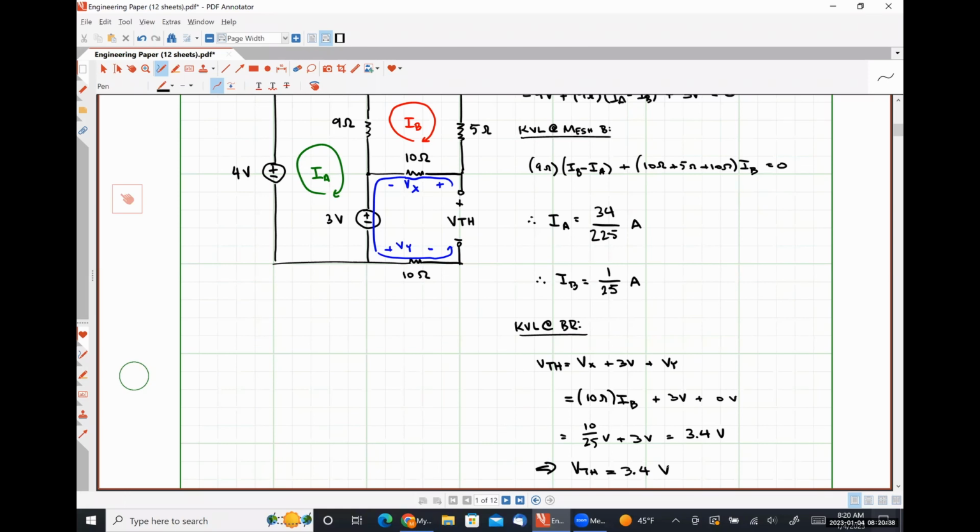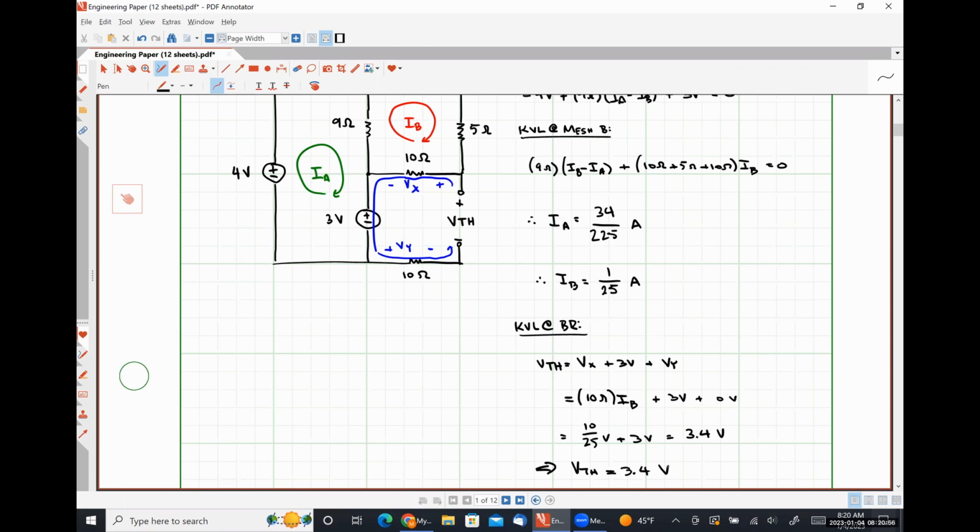The key point that I want to make is, when solving for the Thevenin equivalent voltage, any circuit analysis technique that we have learned to this point is perfectly applicable. It's up to you to figure out which is the most efficient process.